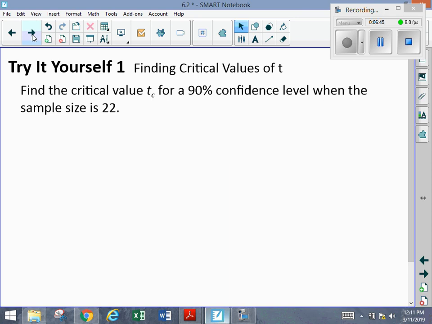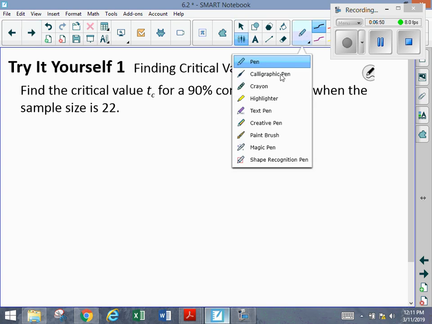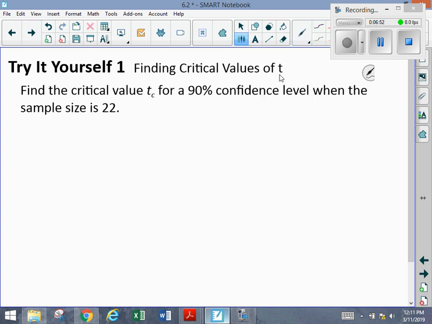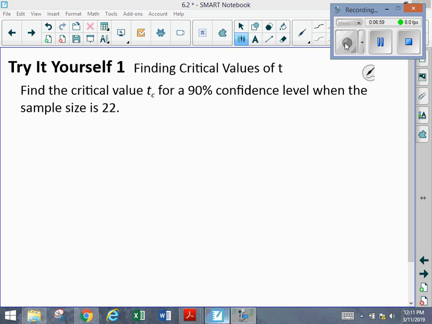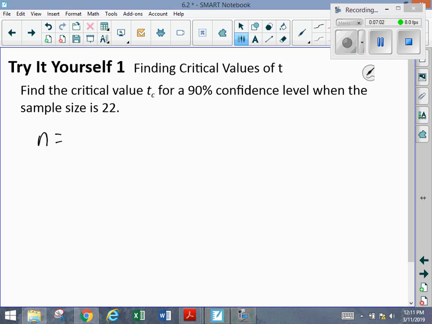So let's go ahead and find a critical value for a 90% confidence interval if the sample size is 22. If our sample size is 22, then degrees of freedom is going to be 22 minus 1, or 21 degrees of freedom.